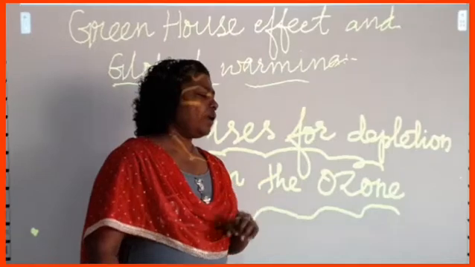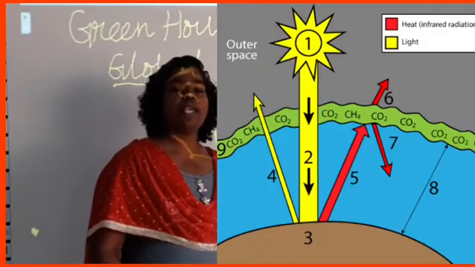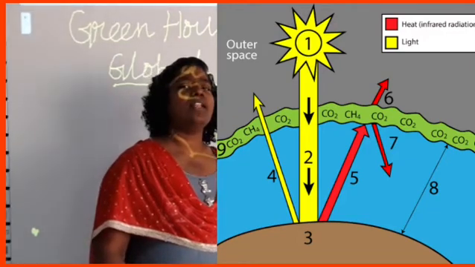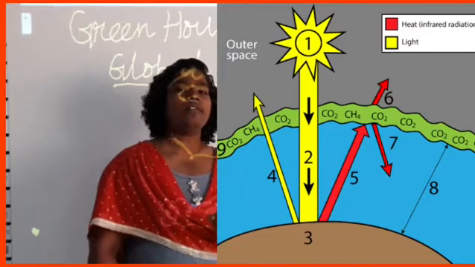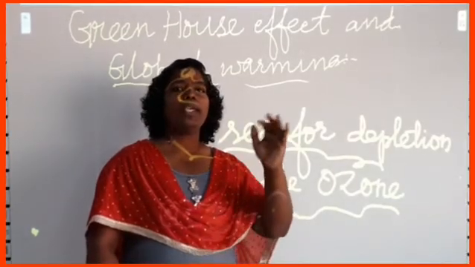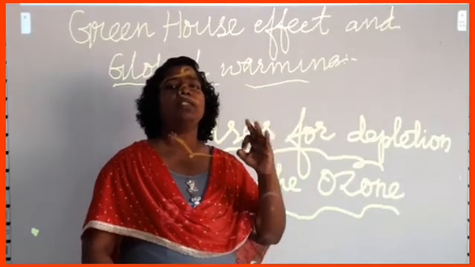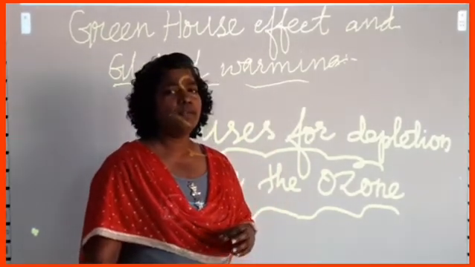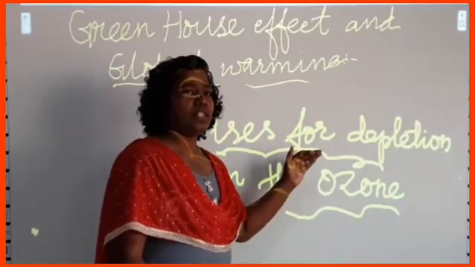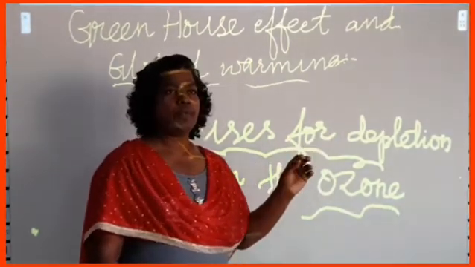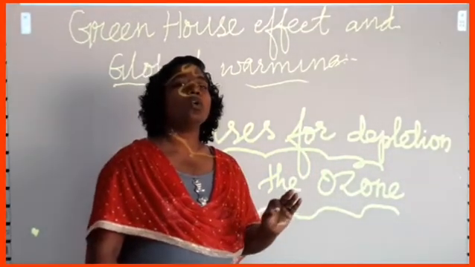Among these 5 layers, we find the stratosphere. The stratosphere is the second layer of the earth. It is located from 20 to 40 kilometers away from the surface of the earth. Now, what is the magic that takes place in the stratosphere? We know that the other name of the stratosphere is ozonosphere.